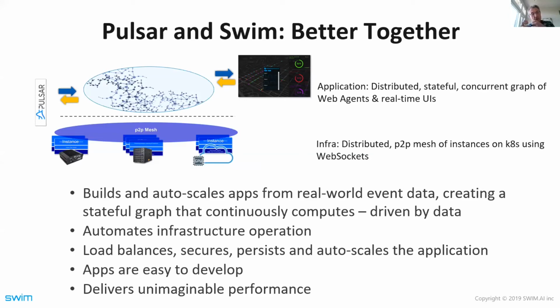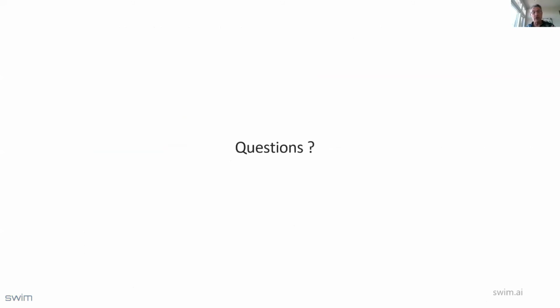The business of computing over raw data is about building context and building a graph of concurrent objects which can compute given dynamic relationships found in data. And SwimOS is an abstraction layer. It's Apache license. I'd love you to go and play with it, which allows you to do this. I'm going to stop there, and I'll be happy to take questions.